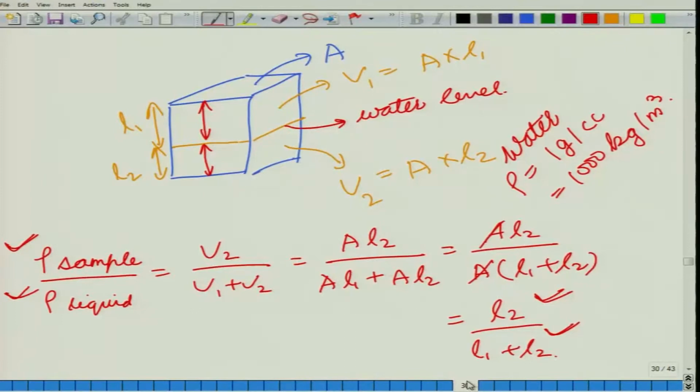So, we can get the density of the sample by multiplying the ratio by the density of water, just by taking these two readings of the length of the sample above the water level and below the water level, because L1 plus L2 is equal to the total length of the sample. So, if you know the length of the sample and you take just one measure of either the portion above water or the portion below water, you can get the density of the sample.